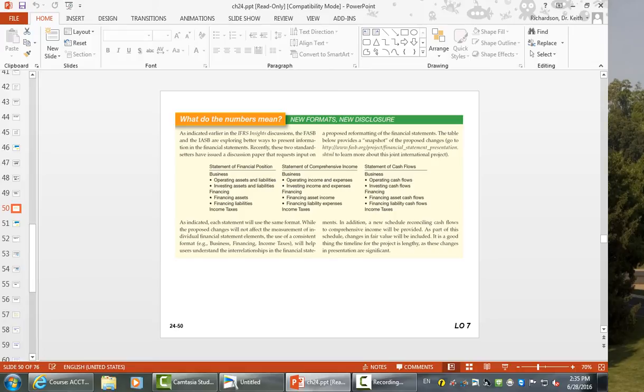Okay. Statement of cash flows, kind of the same. But a little bit different order. So I think their balance sheet and their income statement look an awful lot alike, except one's cash basis and one's accrual, and maybe that's good. More comparable between the two statements. I don't know. And we're converging with them, so everybody's going to be doing it the same way.